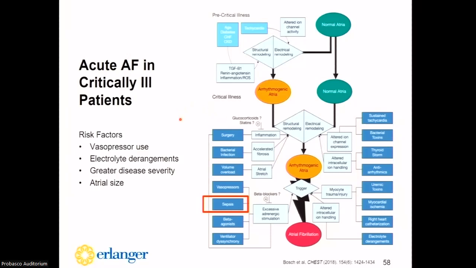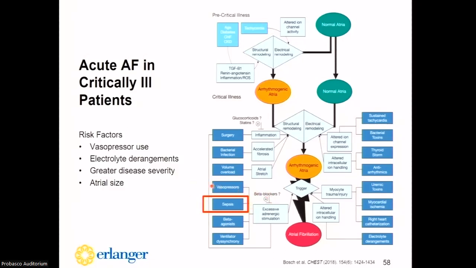In particular, vasopressor use has been linked to new onset AFib. You're also going to see potential electrolyte derangements in these critically ill patients that could contribute to AFib. Bacterial infection is another important factor because this has been shown to accelerate fibrosis, further contributing to structural remodeling and helping trigger, or knock over the domino, for somebody into atrial fibrillation.